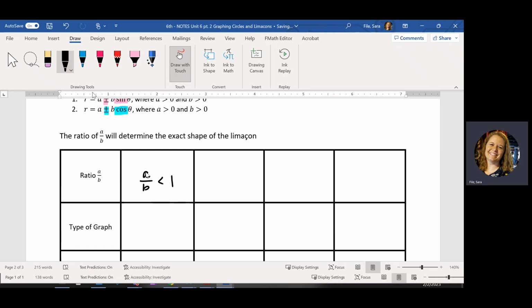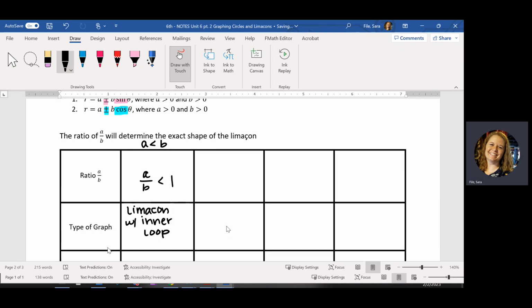B, right? So if A is smaller than B, if A is less than B is another way you could write this, this is going to be called a limacon with an inner loop.